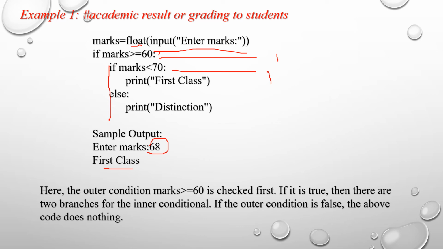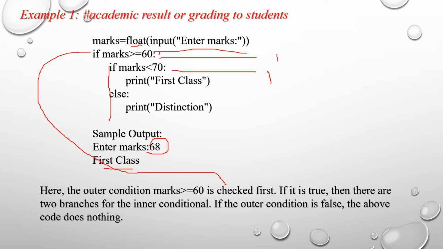So here the outer condition, marks greater than or equal to 60, is checked first. If it is true, then there are two branches for the inner conditionals.